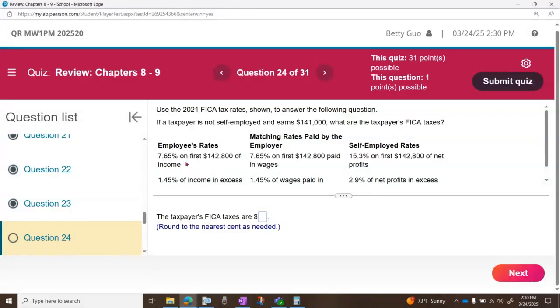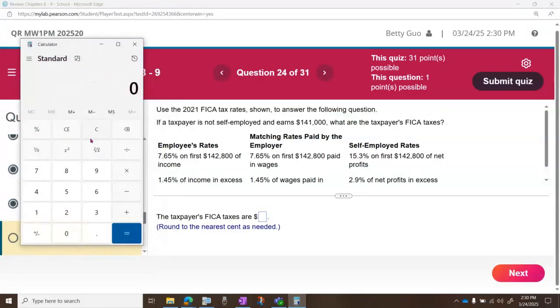All we need to do is use 7.65%, divided by 100, that's the decimal equivalent of the percent, and multiply by the gross income, $141,000.